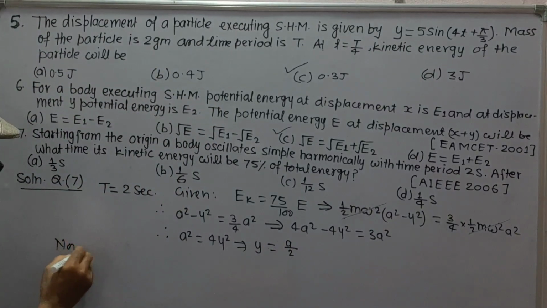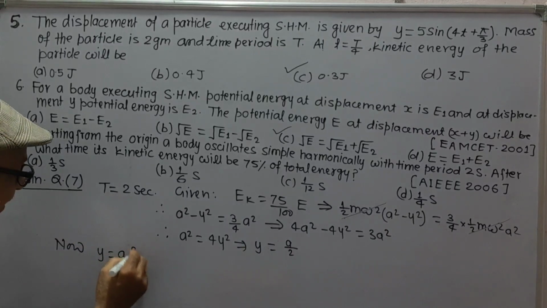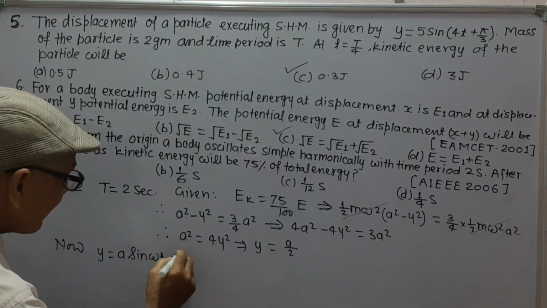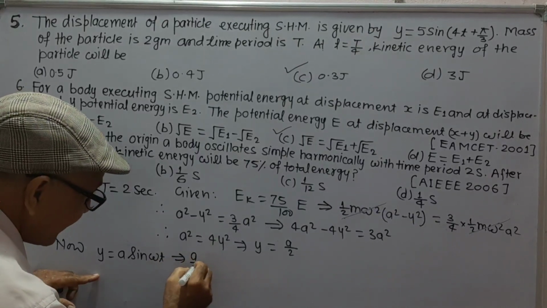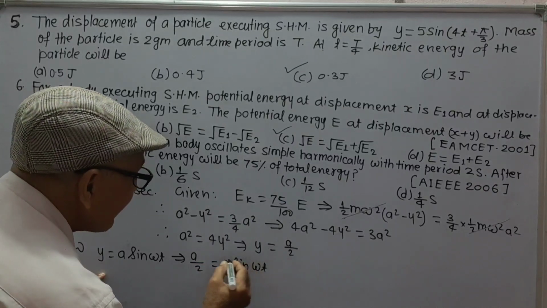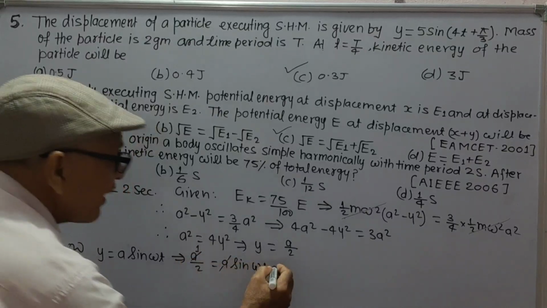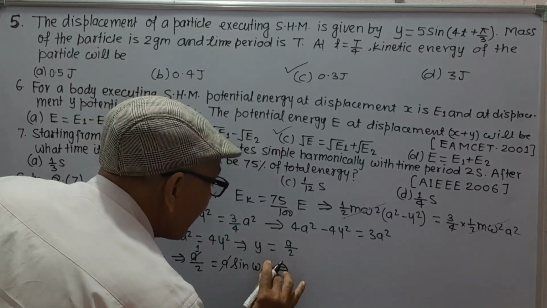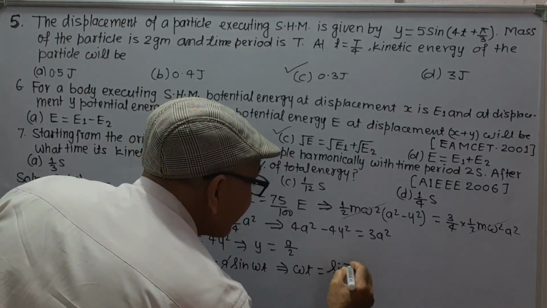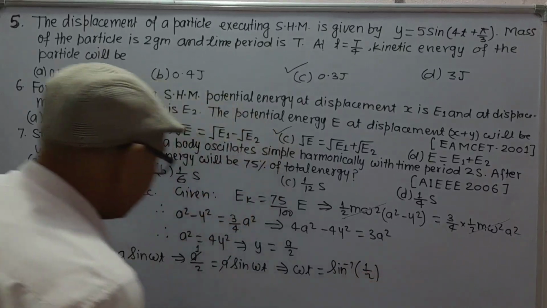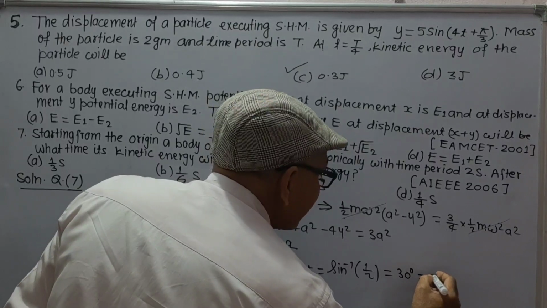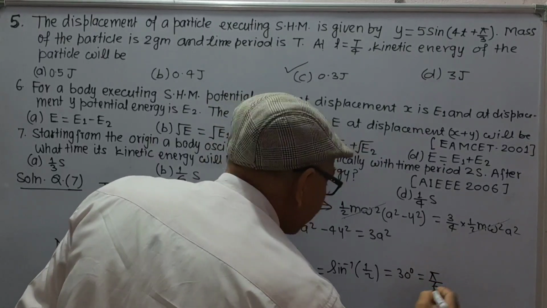Now y is equal to a sin omega t gives y is a by 2 is equal to a sin omega t. A cancels out and we get omega t as sin inverse of 1 by 2, which is 30 degree, which is pi by 6.